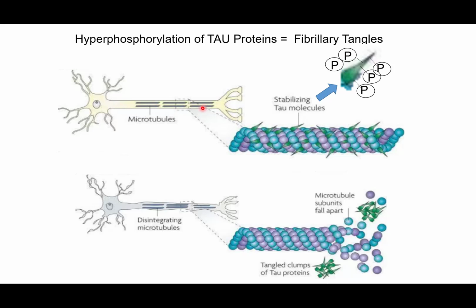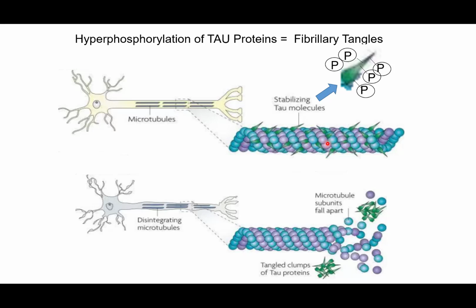In the axon region, you have structures called microtubules. Microtubules are essentially giving it structure, the cytoskeleton structure. It's like our cytoskeleton, not literally, but similar.